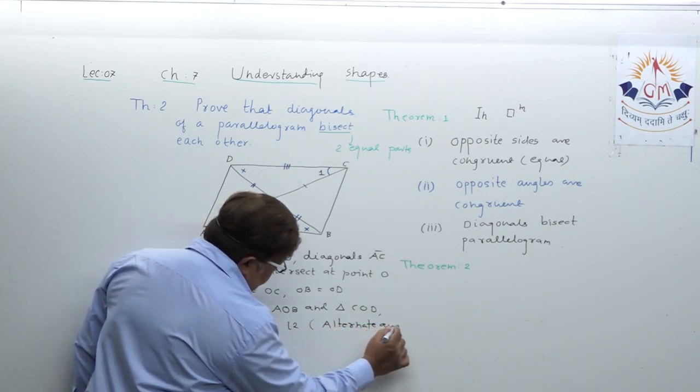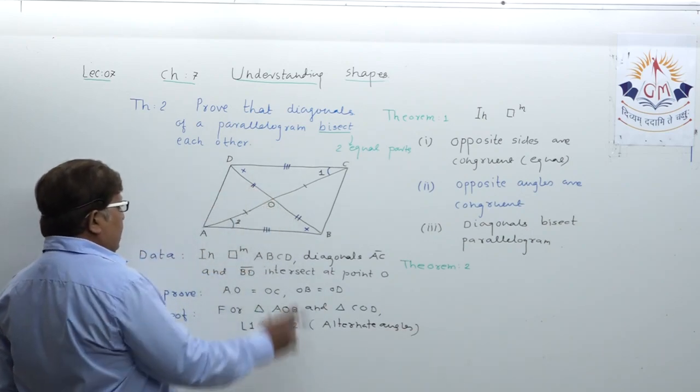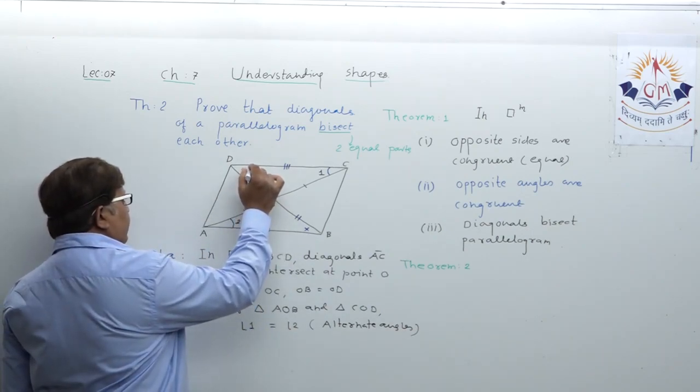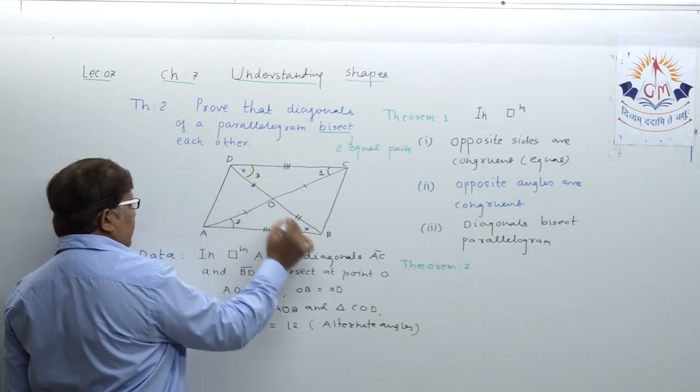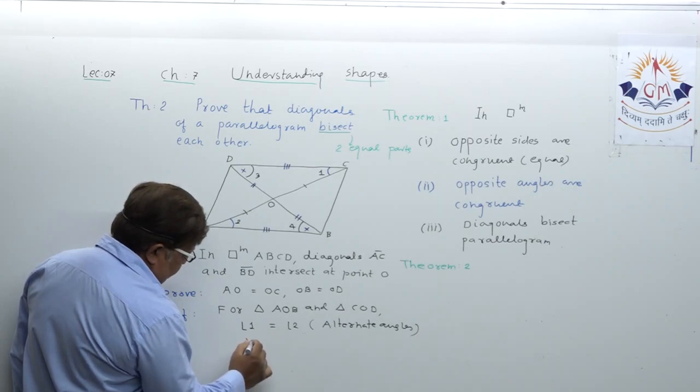Alternate angles. Okay. Let us write the second pair, angle 3 and angle 4.